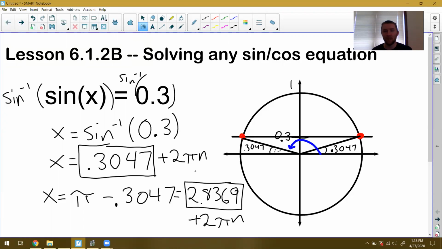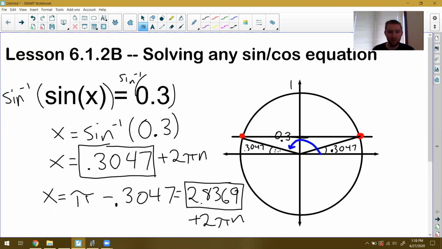And do remember it's important to say that, where n is an integer, right? Because I can go around 2 pi one time or two times, or I can go backwards a few times. So all the solutions to sine of x equals 0.3 is 0.3047 plus 2 pi n as many times as you want, and 2.8369 plus 2 pi n as many times as you want, okay?